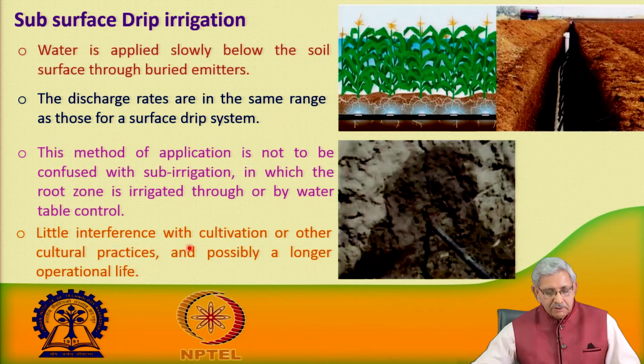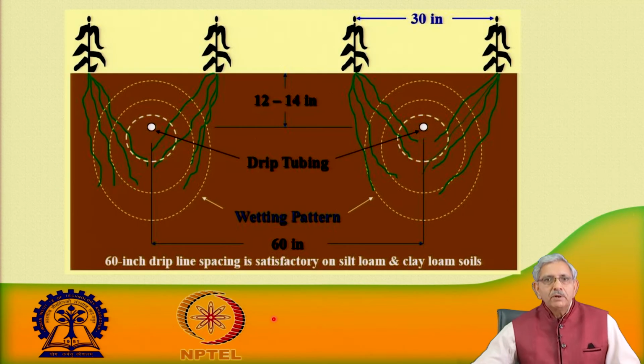So, there is little interference with cultivation or other cultural practices, and possibly a longer operational life. This is another advantage of placing the subsurface drip lateral: it does not interfere in interculture operations. So, the life of the drip lateral is relatively more than the surface drip lateral.